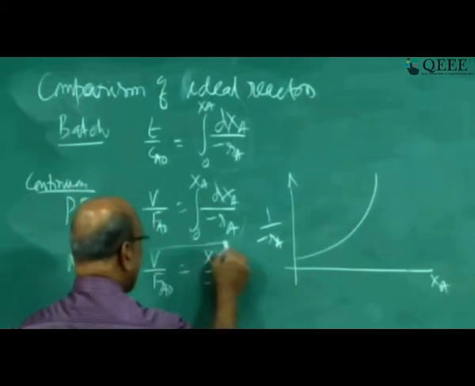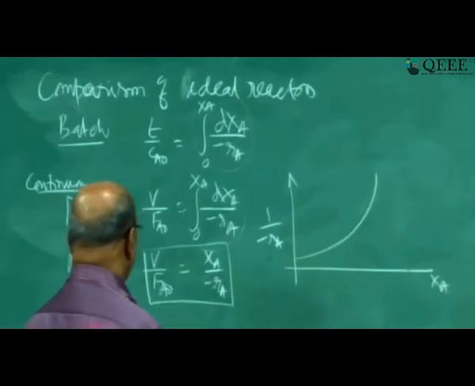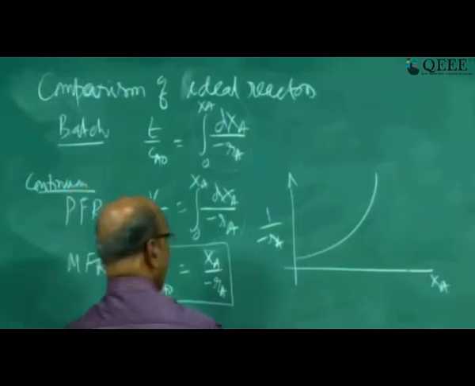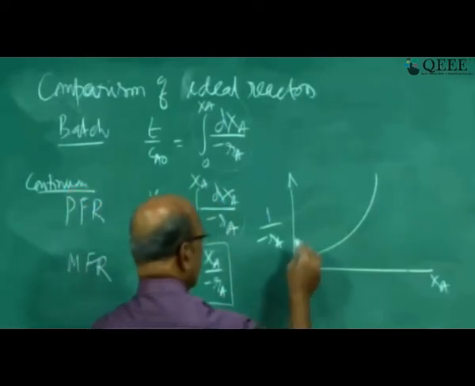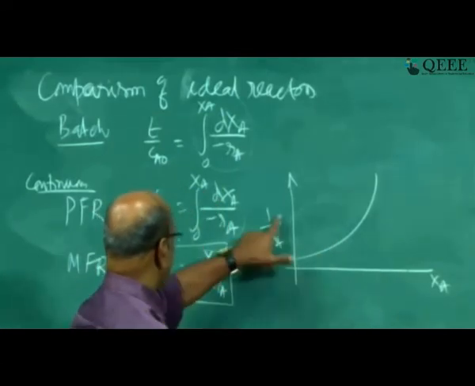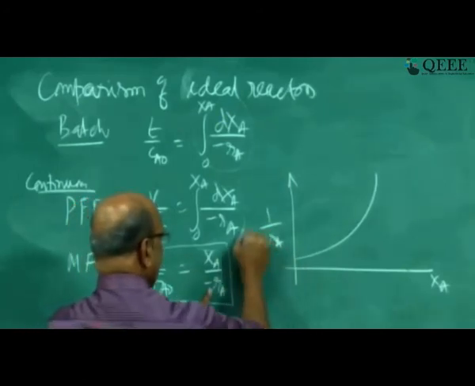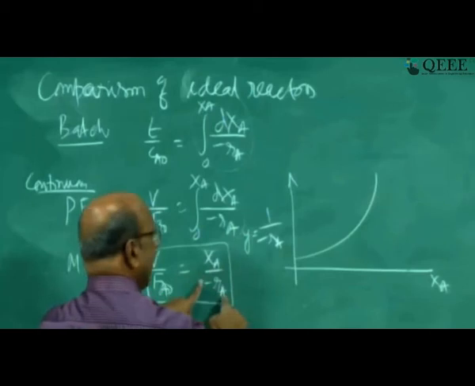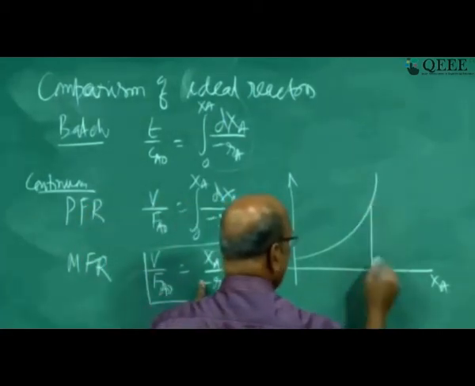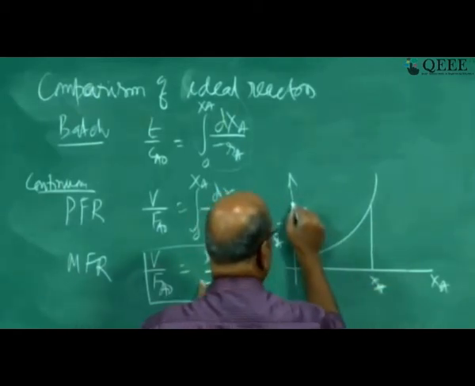But now this expression is nothing but an algebraic expression, right? 1 by minus RA is like y equal to mx. If I take this x, this is y. I will take 1 by minus RA as y, and y into x is nothing but x, which may be XAF here, and 1 by minus RA somewhere here.